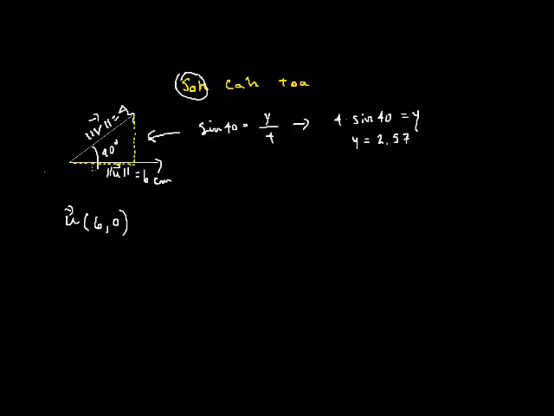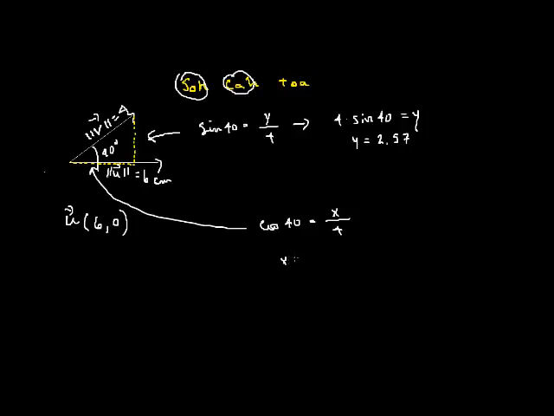Similarly over here for the horizontal component, we'll use cosine. So cosine of 40 degrees is equal to adjacent, I'll call that x, over hypotenuse, which is 4.